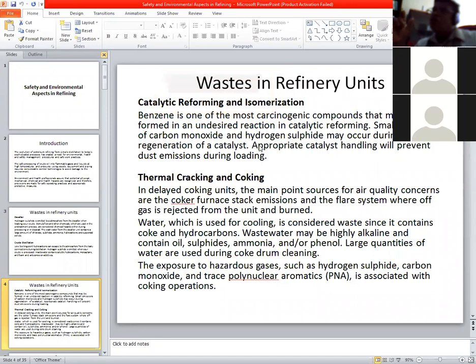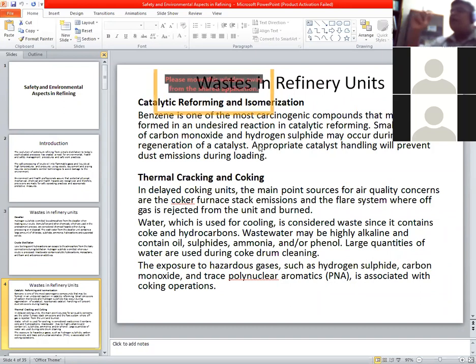So per ton of crude oil refined, it can produce approximately 5 cubic meters of wastewater due to the cooling tower, because we are using a huge amount of cooling water.